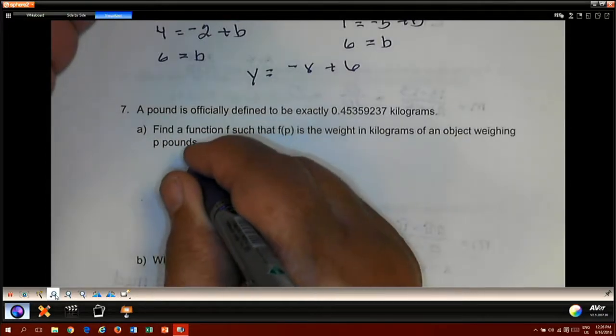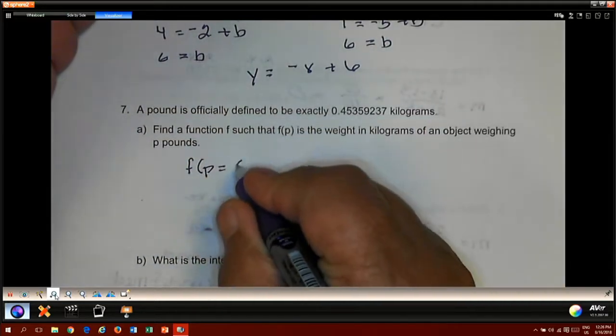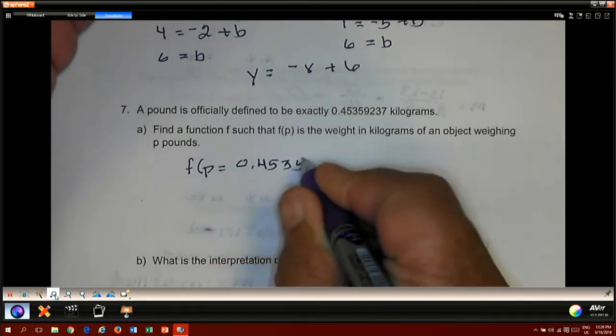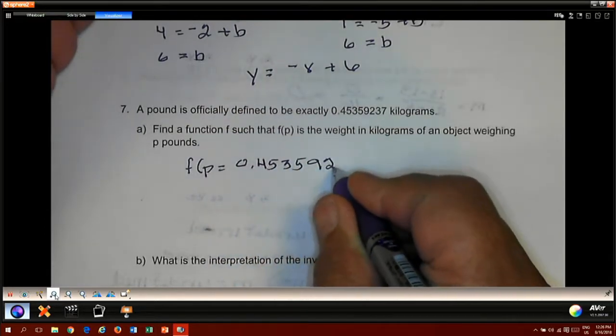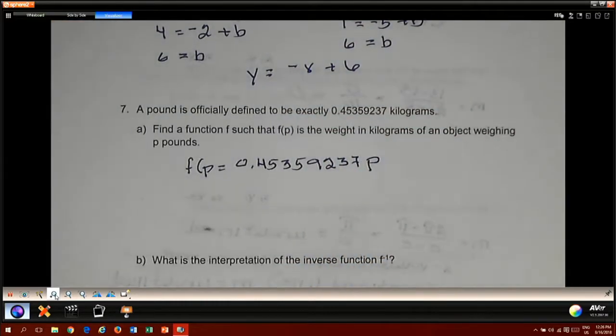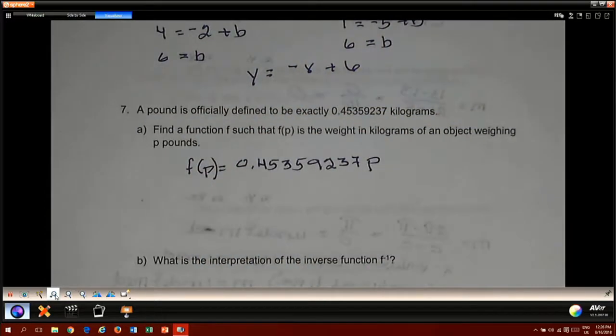So we would set it up as f of p equals 0.45359237 times p. And that's what the function's going to look like.